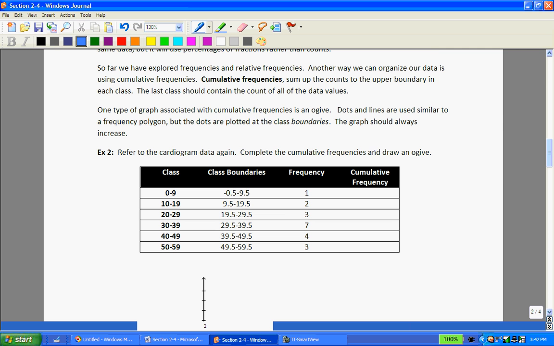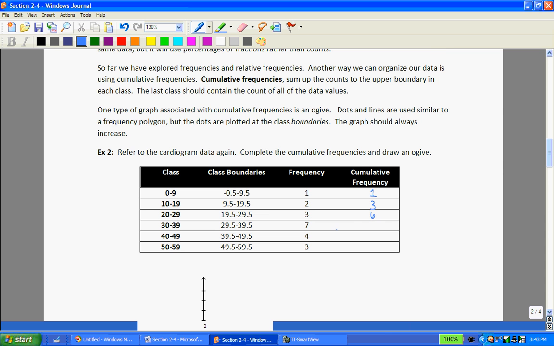So for the first class, the cumulative frequency is going to be the same as the original frequency. But for the next class, 10 to 19, I'm going to sum the two classes before. So 1 plus 2 will give me 3. For the next class, I'm going to sum the 3 classes before, so that's 6.